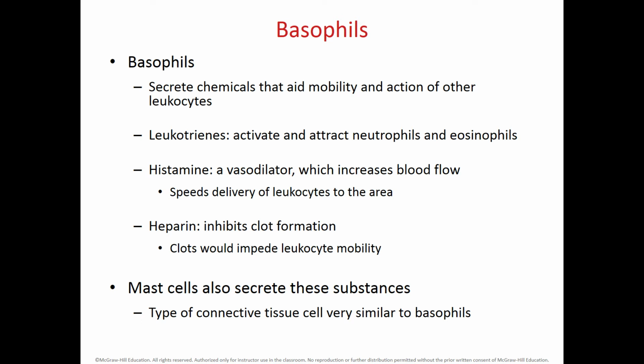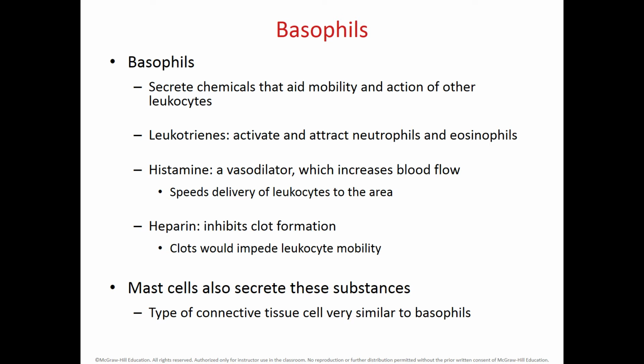So this is a vasodilator, and this will increase capillary permeability. So you will have delivery of leukocytes into the area where they are needed, and also it will increase blood flow and plasma can exit the blood vessels because of this histamine. And heparin will inhibit the formation of blood clots that will impede the action of the leukocytes.